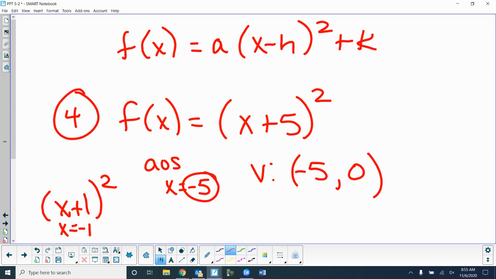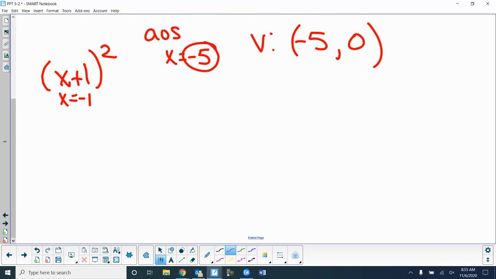So let's look at that last one, just to go through it again. Make sure we got this. And it had some decimals in it too. So I'll write it out.